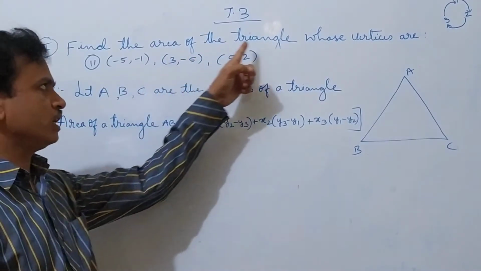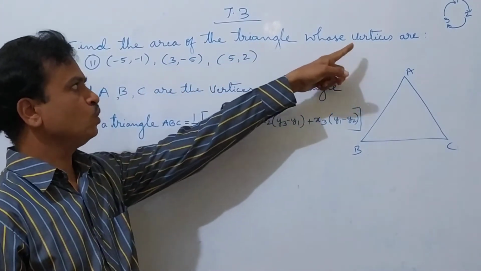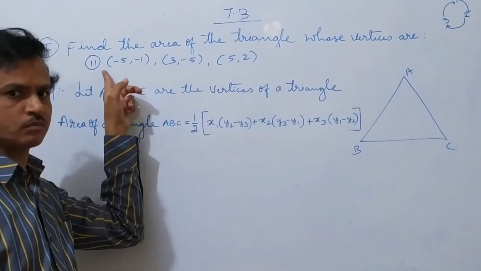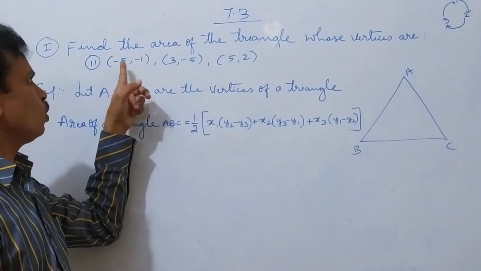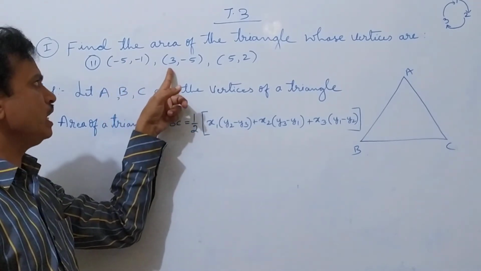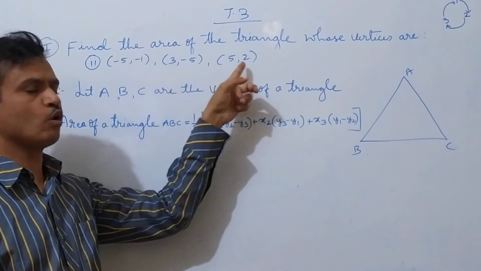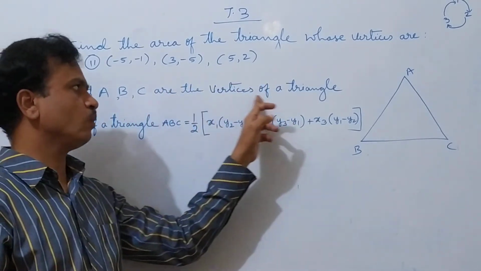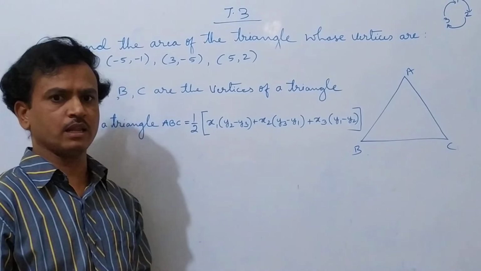Find the area of the triangle whose vertices are given in the first exercise, second question: (minus 5, minus 1), (3, minus 5), (5, 2). Solution. Let A, B, C be the vertices of a triangle.